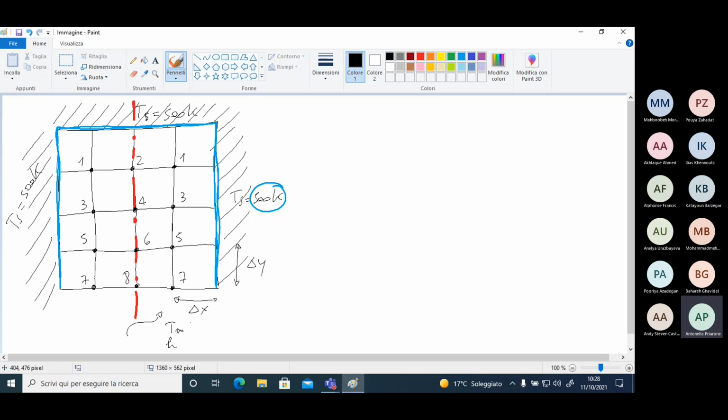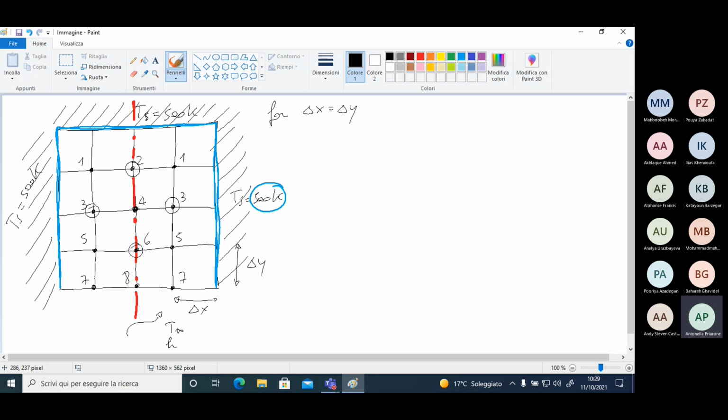I can now write for the interior nodes the equation obtained for the two-dimensional case with delta X equal to delta Y. You remember that if I consider two-dimensional case for delta X equal to delta Y, the temperature of one node is the average of the temperature of the lateral nodes.